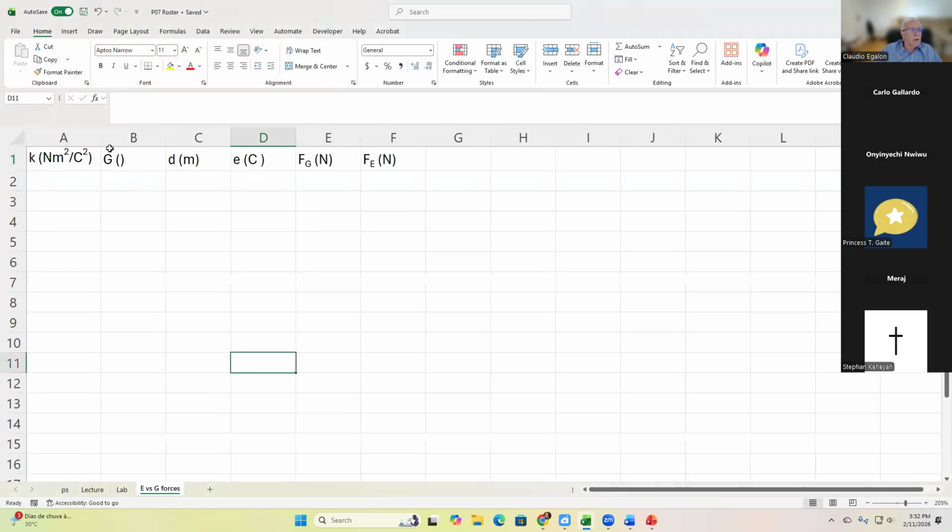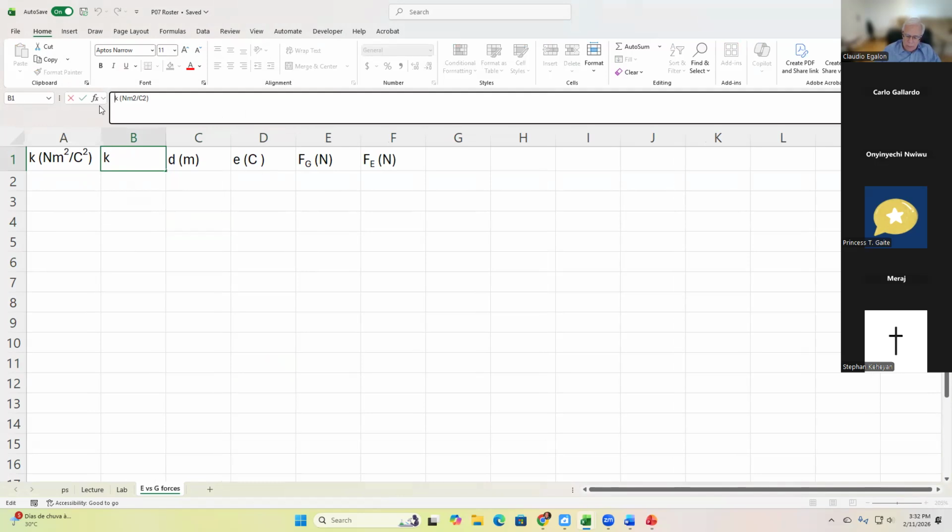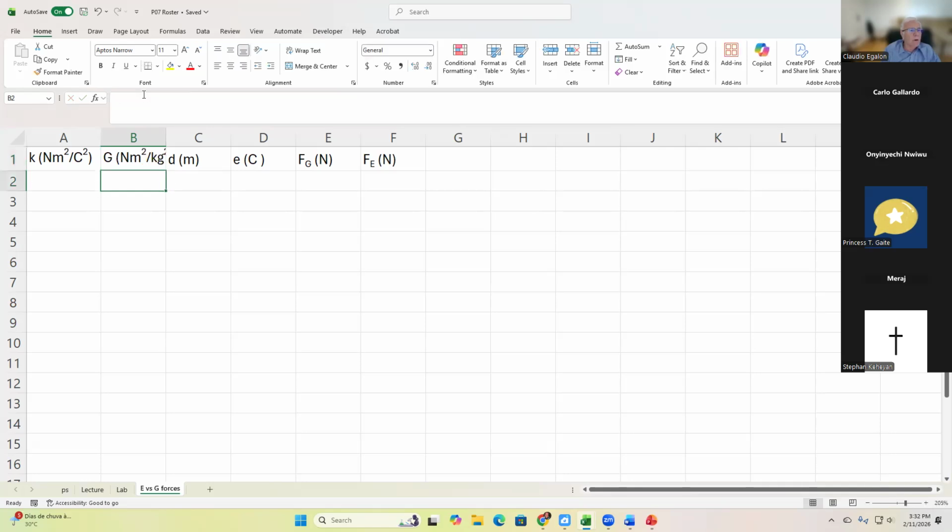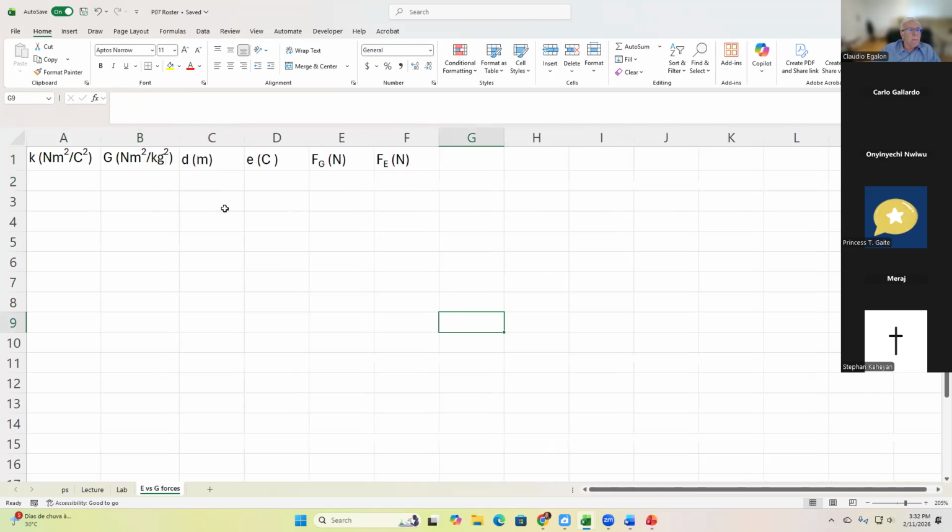That's the unit, with superscripts. The unit for G is going to be similar, so I'm copying and pasting. The only difference is that instead of Coulomb squared downstairs, it's going to be kilogram squared downstairs. I'm using SI units.